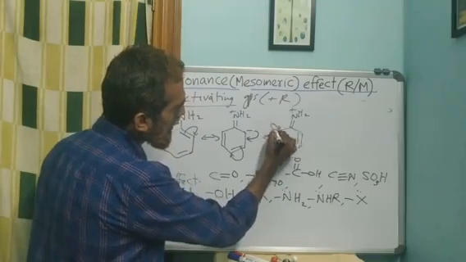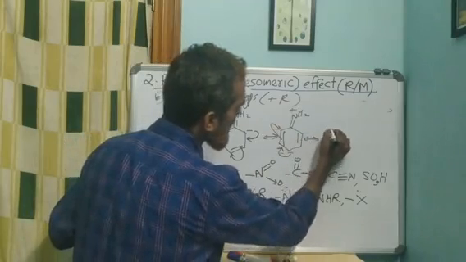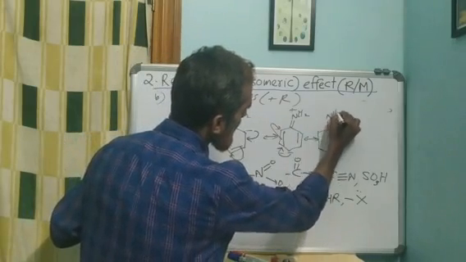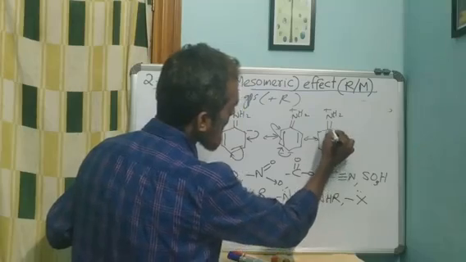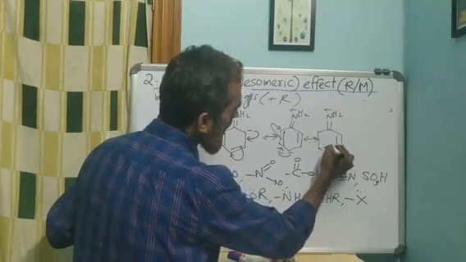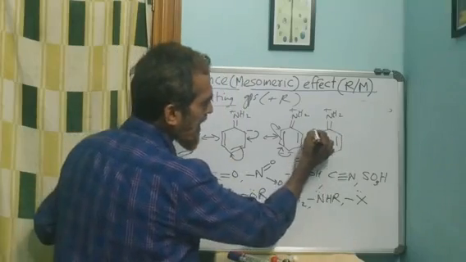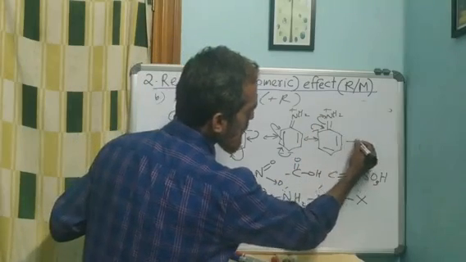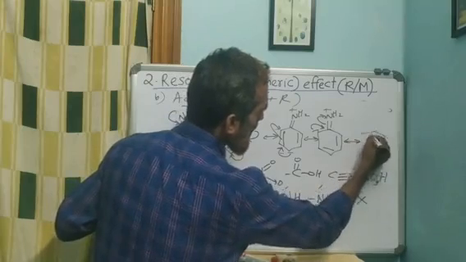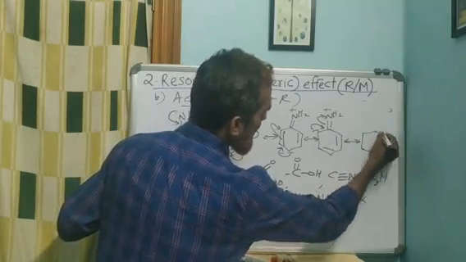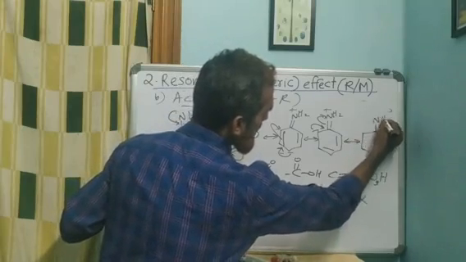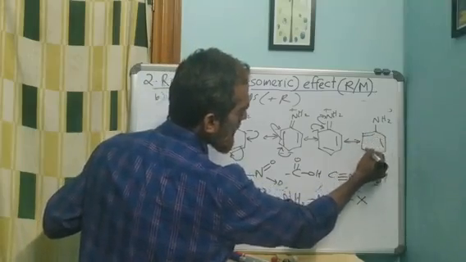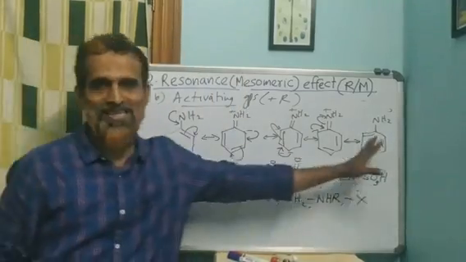This is now shifted to this carbon, giving the 4th structure. Okay, and finally it is getting back. The lone pair gets back to nitrogen in the final structure. It is again back to a single bond, and you get the fifth structure. Here also you have 5 structures.